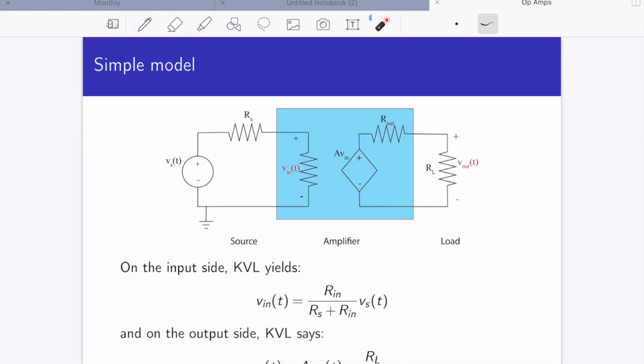So we can look at this model and use KVL. If we apply KVL on this first loop, the input side, we get minus Vs of t plus I Rs plus I times Rn, and I need to define that, Rn, equals 0.